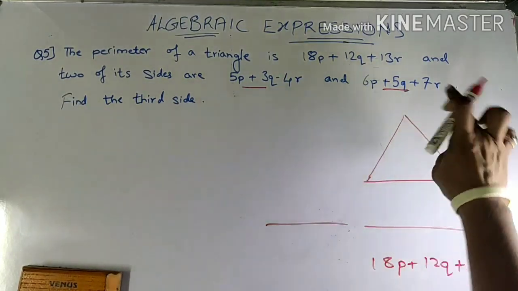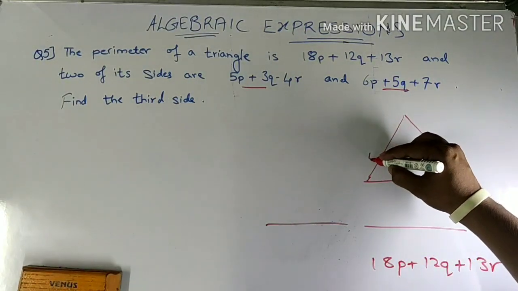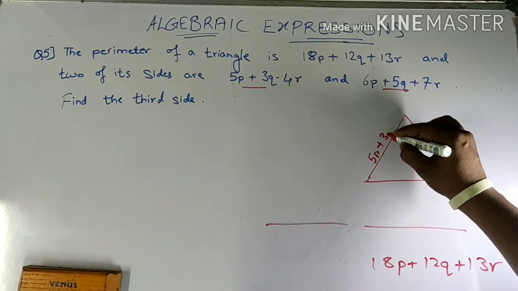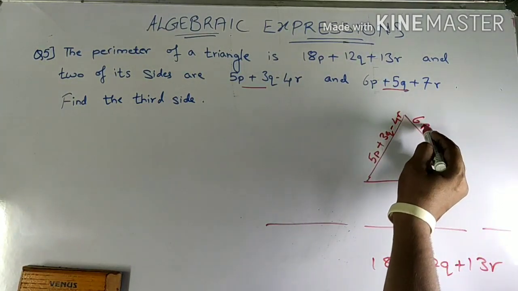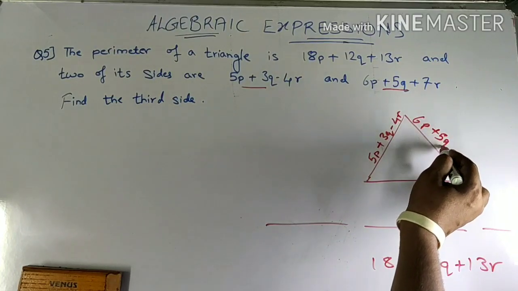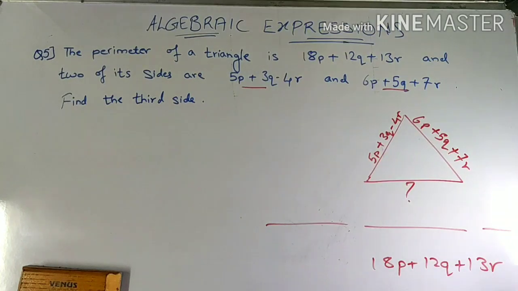Two of its sides are 5p plus 3q minus 4r and 6p plus 5q plus 7r. We are supposed to find the third side.